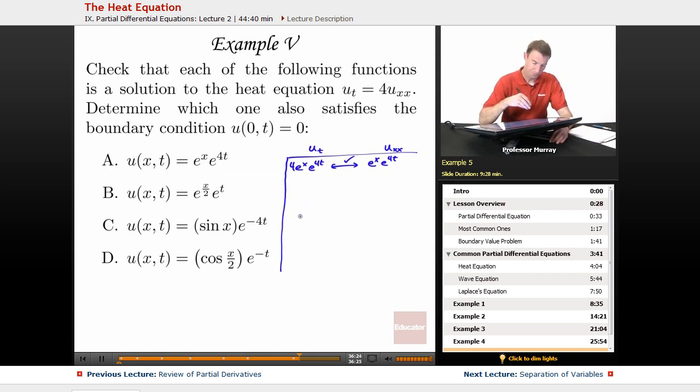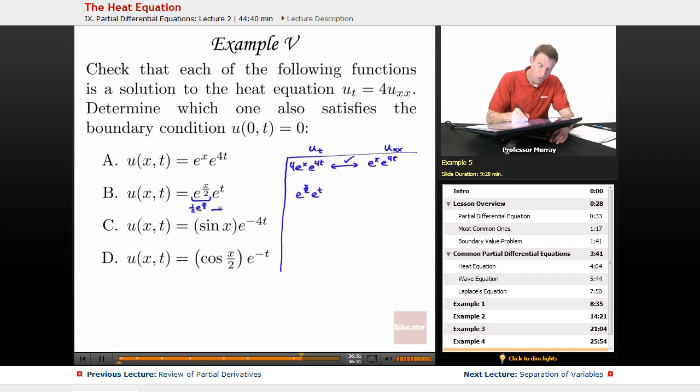In our second function, we've got e to the x over 2 on the left and e to the t on the right. So u sub t is just the derivative of e to the t, because e to the x over 2 is a constant. E to the t, the derivative is just itself. For u sub xx, if you take one derivative, we get 1/2 e to the x over 2.